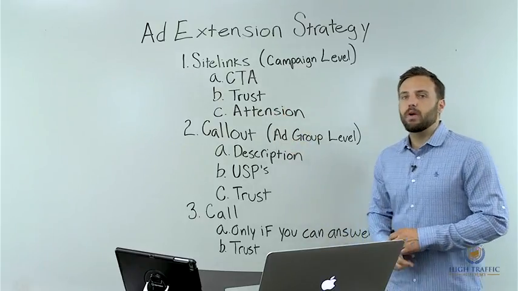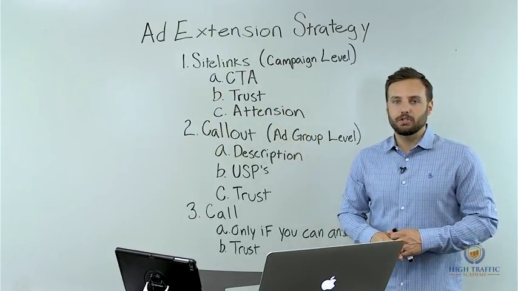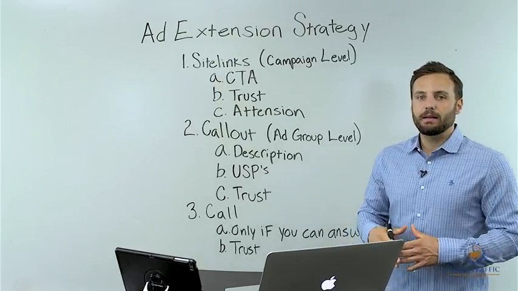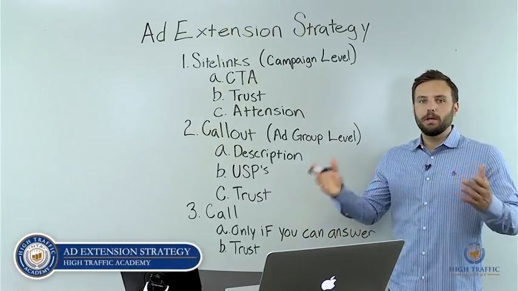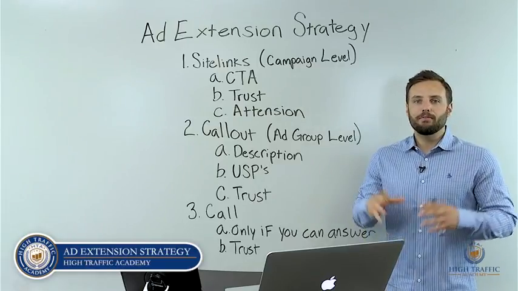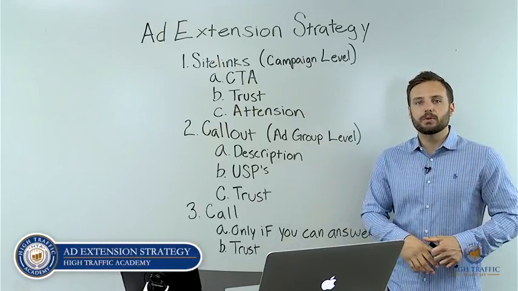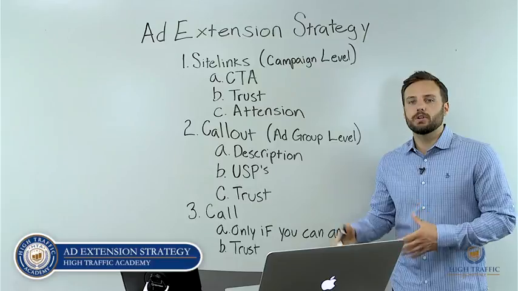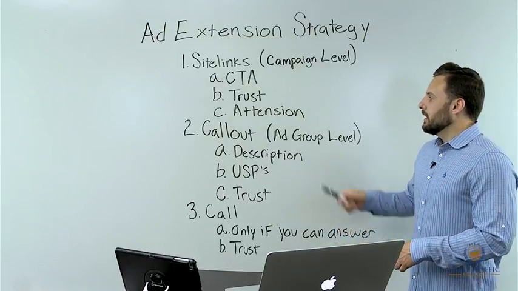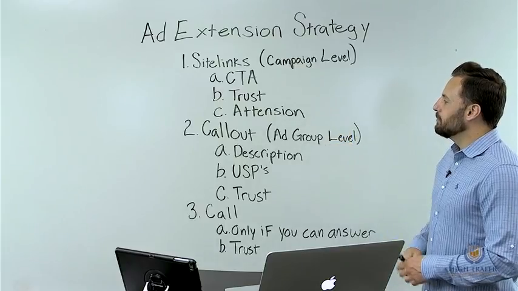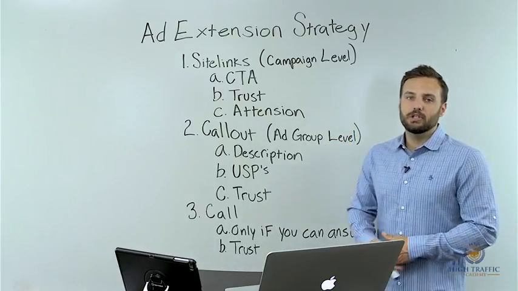Additionally, I would add a trust building site link extension, and that would be something like money back guarantee or satisfaction guarantee or BBB accredited business or whatever elements you can think to incorporate that would assist the user in building their level of trust in clicking on your ad. In addition to that, I would be trying to capture attention.